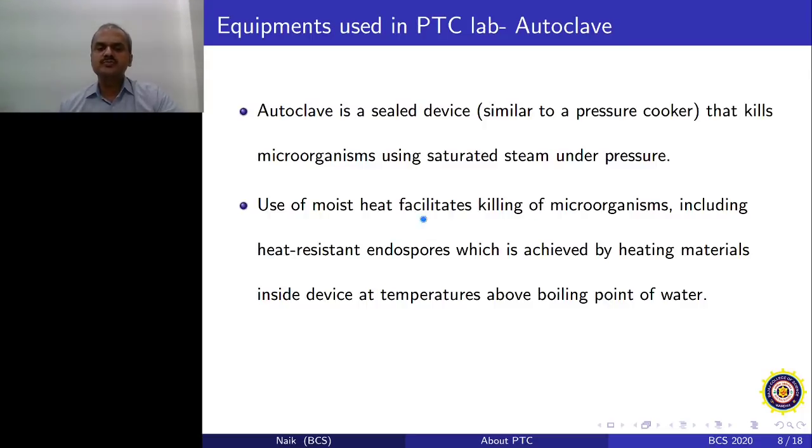The use of this moist heat facilitates killing of microorganisms, including even heat resistant endospores, which is achieved by heating the material inside the device at a temperature above the boiling point of water. So basically, when you increase the pressure, you can reach a temperature of water which is above boiling point, whereas generally at 100 degrees Celsius water boils.